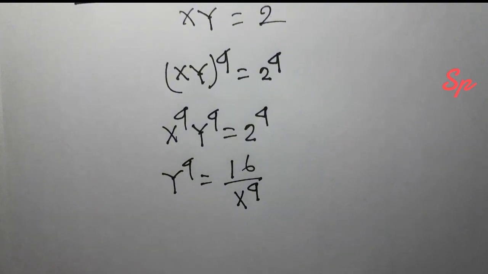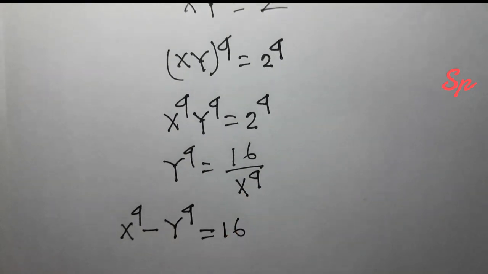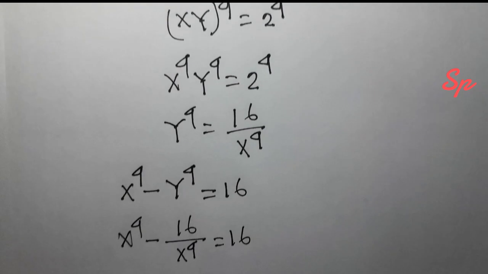Then from equation 1 we can write x to the power 4 minus y to the power 4 is equal to 16. Putting this here, we can write x to the power 4 minus 16 by x to the power 4 is equal to 16.